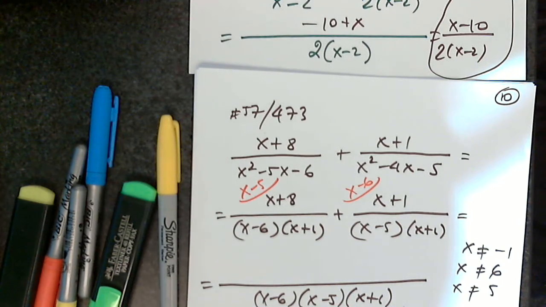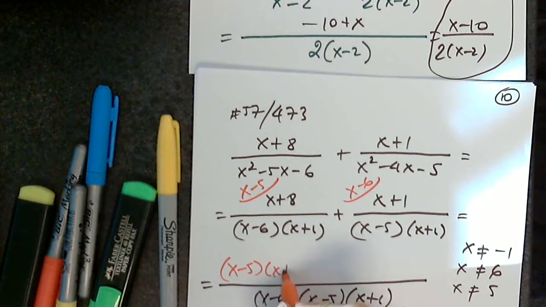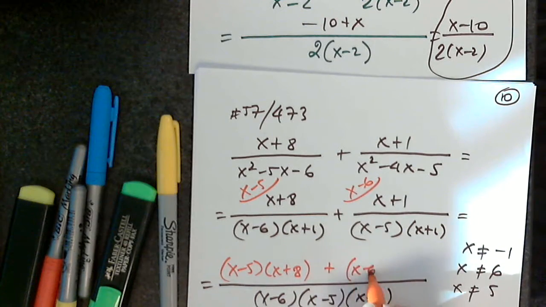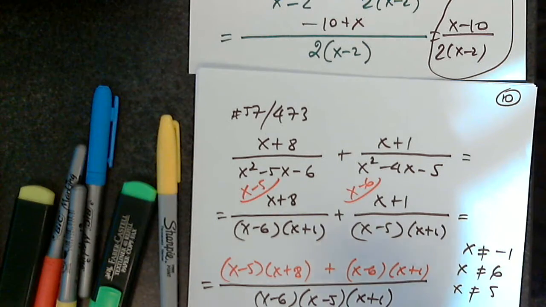Just watch for one moment. It is not a mistake to write this and then multiply. I don't do it. Here's why. Because some of you will always be tempted to do this.